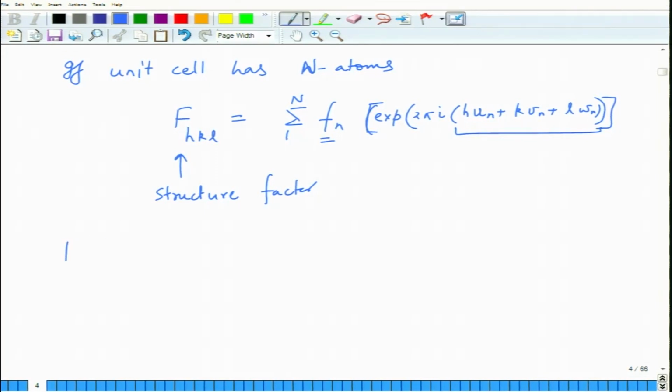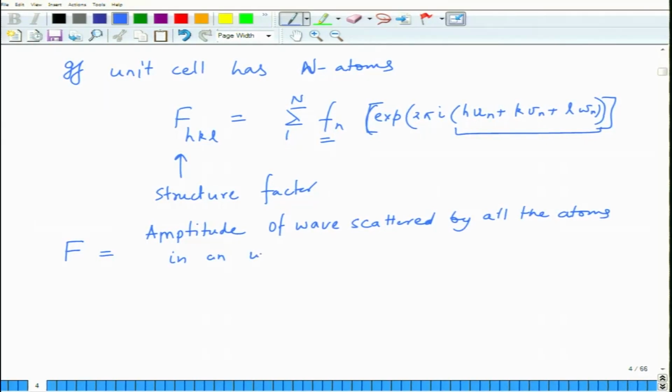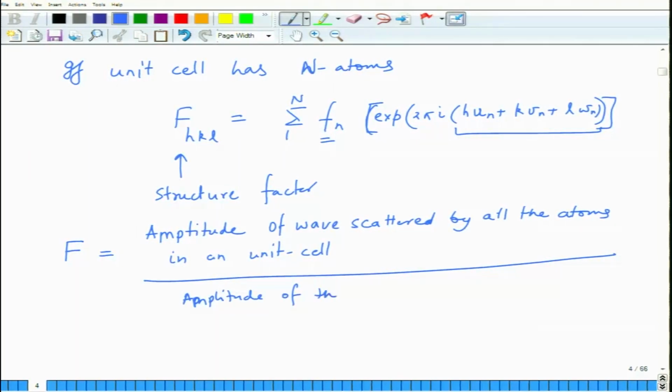The physical definition of F is the amplitude of the wave scattered by all the atoms in a unit cell divided by the amplitude of the wave scattered by one electron.